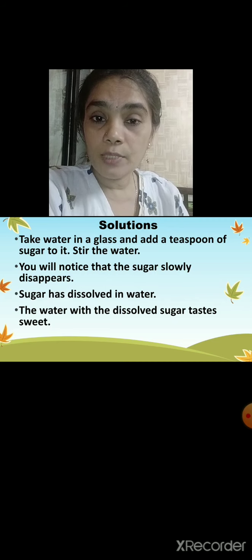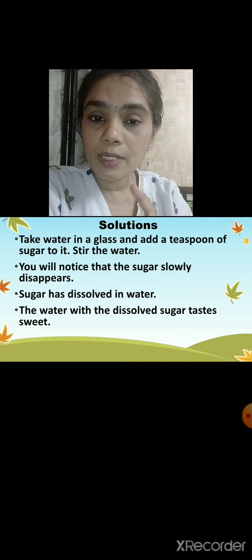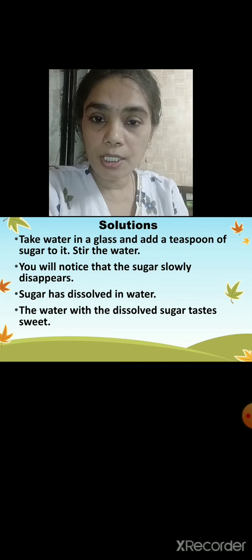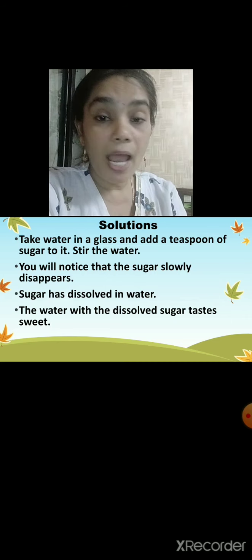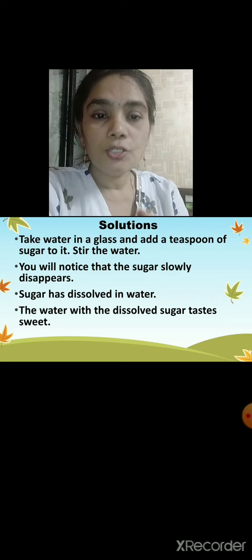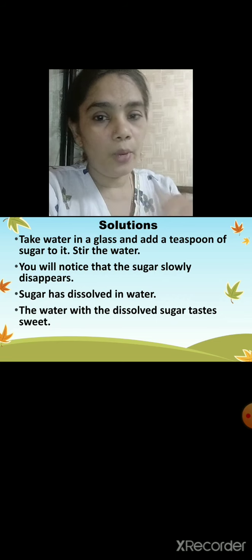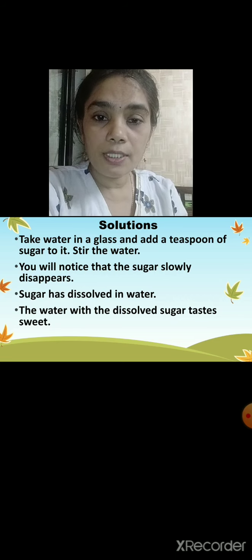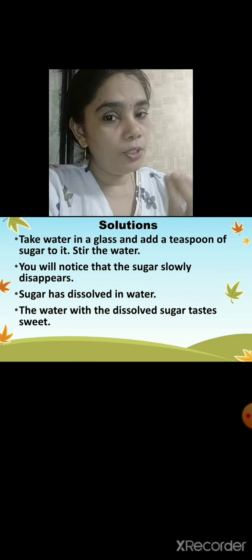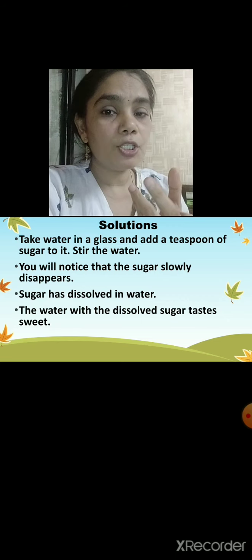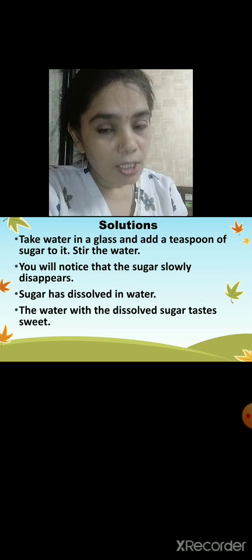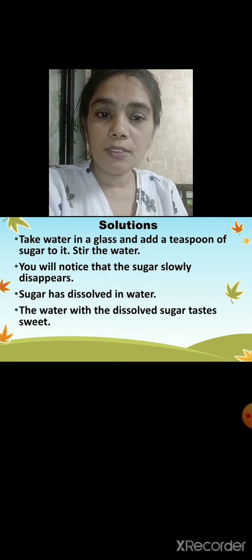So what we will learn from this activity is what is called solution, solute and solvent. Solution means when we dissolve something in the water, it gets dissolved and it becomes a solution. If you add sugar, it becomes a sugar solution. If you add salt, it becomes a salty solution.